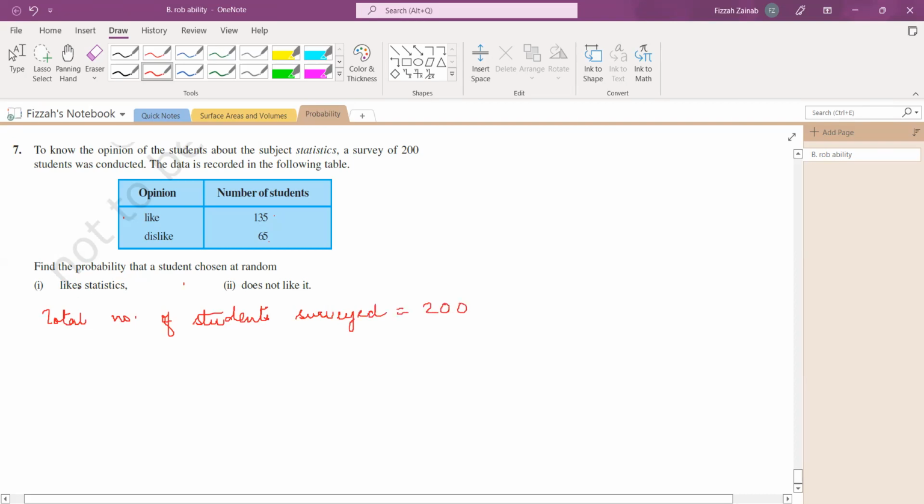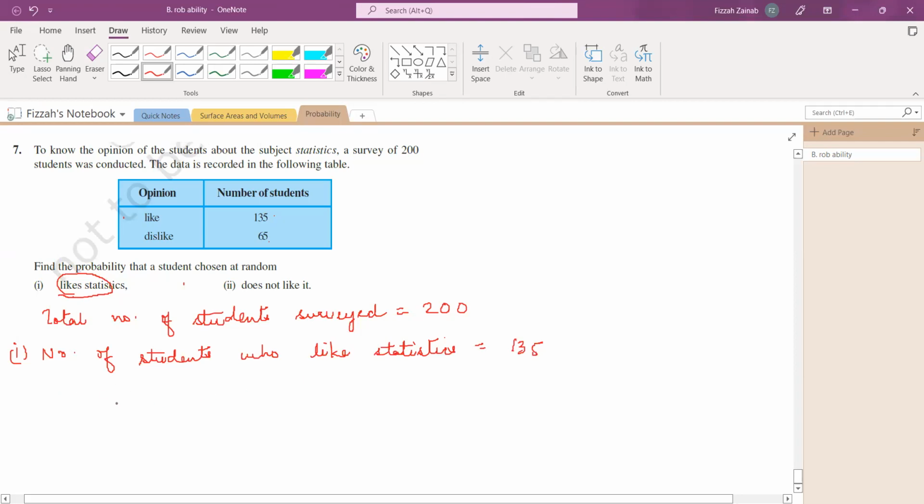Now, first of all, you have to find the number of students who like statistics. How many students are there? 135, yes.